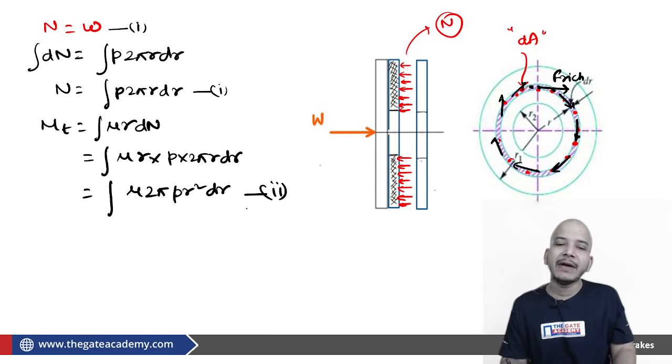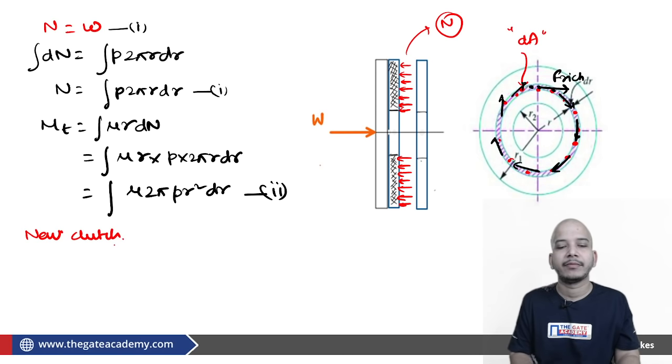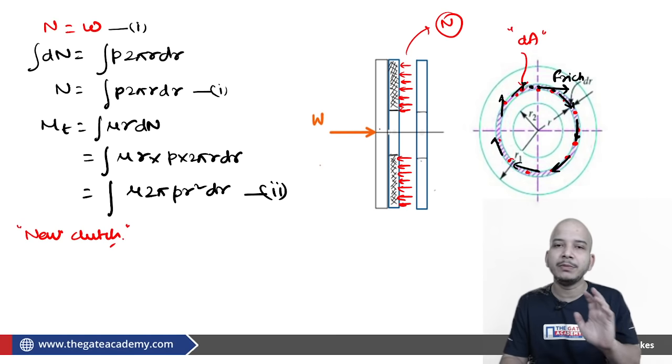Now let's get some specific data. As far as a new clutch is concerned, the intensity of the pressure, the intensity of the normal action throughout the area, should be the same. Why?